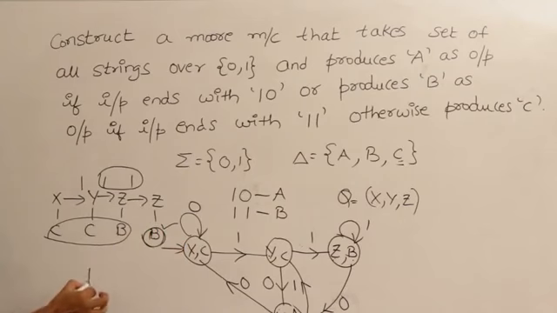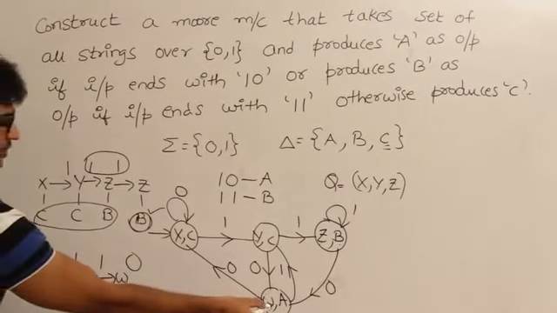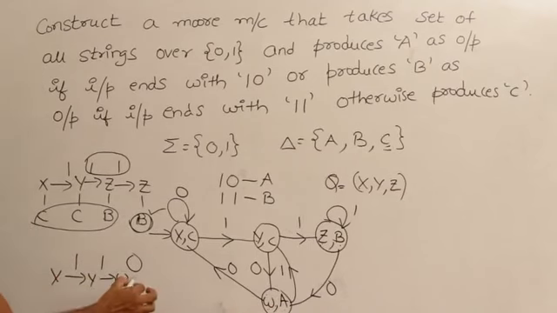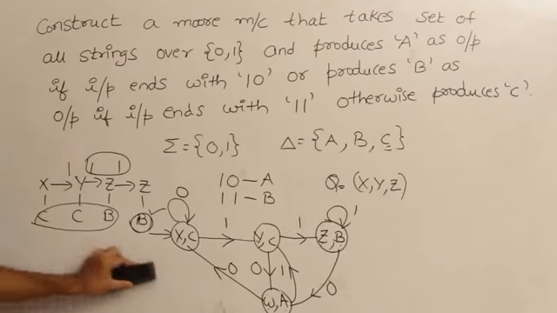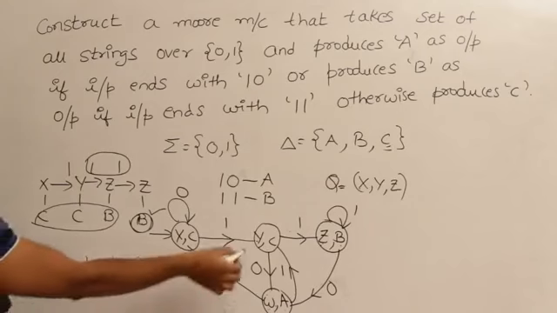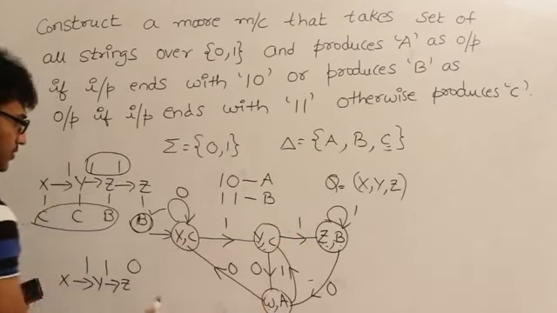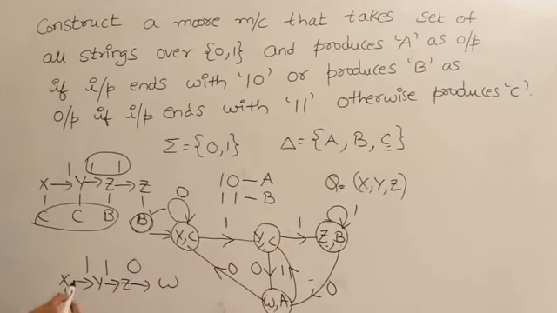Let us say 1 1 0 is the input. Initially I will be in state X. On X, on seeing 1 I go to Y, Y on seeing 1 goes to Z, Z on seeing 0 goes to W. Now look at the outputs.